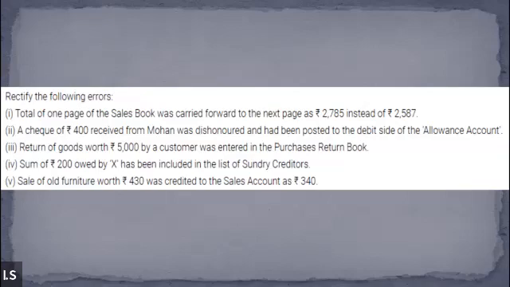Okay. So let me show you. While passing the rectifying entry, we will be debiting the sales account by how much? By 340. And furniture account will be credited, but the amount is 430.